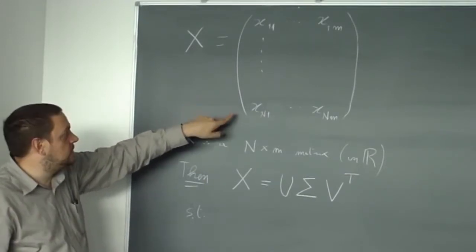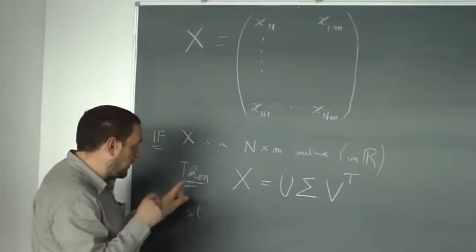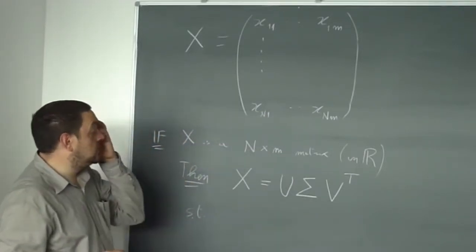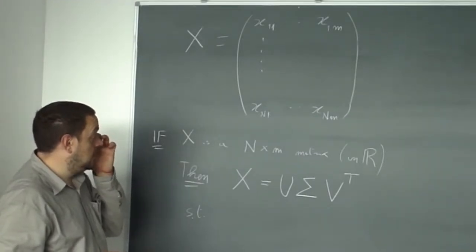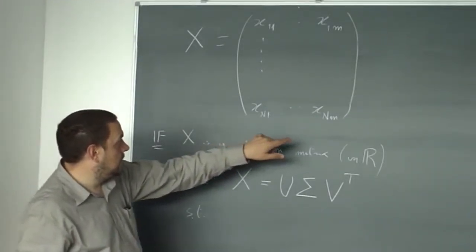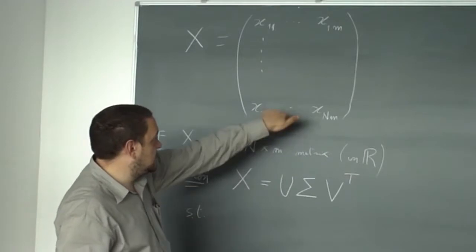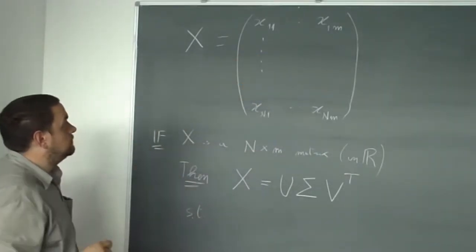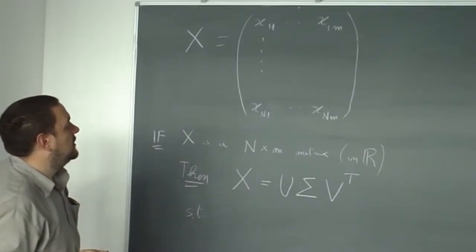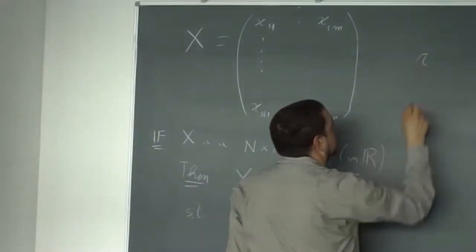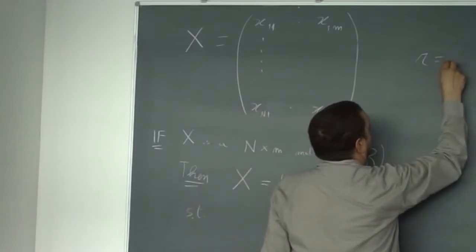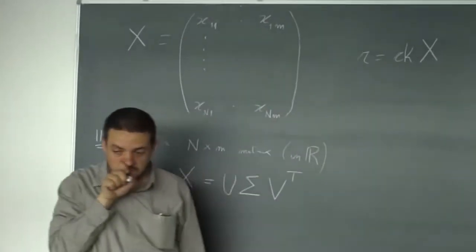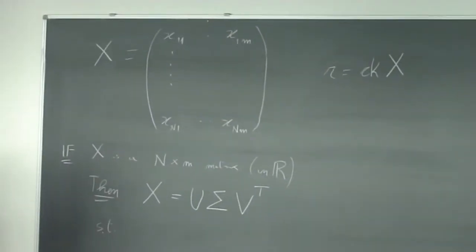I suppose that you already know that, but to define these matrices, I also need to know which is less, the number of rows or the number of columns. So let me call r the rank of matrix X. What is the rank of a matrix?